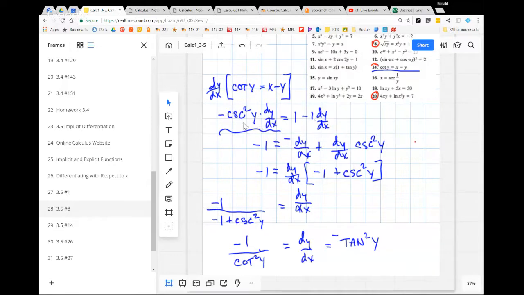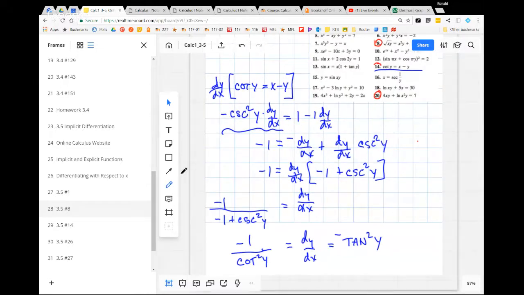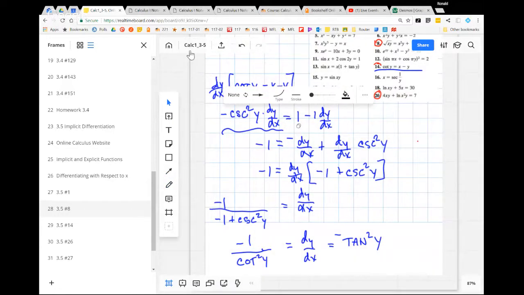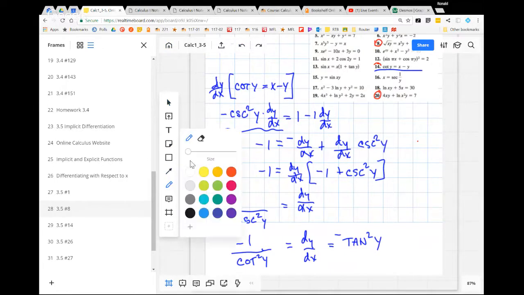So I added dy dx cosecant squared to both sides. And I subtracted 1 to get rid of this constant right here. I'm trying to point and not mark it up, but I guess I can't do that.